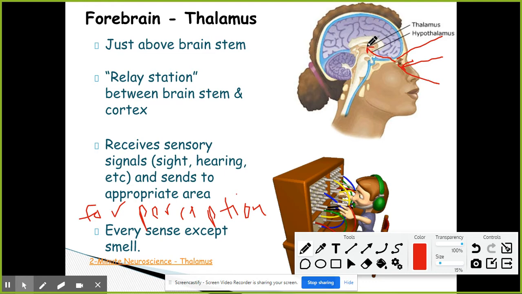And then the thalamus sends that neural signal from the optic nerve down another set of neurons to the back of the brain, what is called the occipital lobe, the visual cortex, to be perceived.